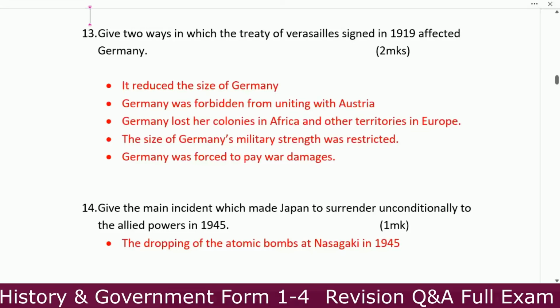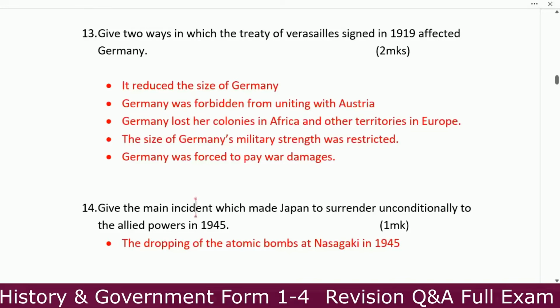Number 2, Germany was forbidden from uniting with Austria. Next, Germany lost her colonies in Africa and other territories in Europe. Next, the size of Germany's military strength was restricted. Next, Germany was forced to pay war damages.